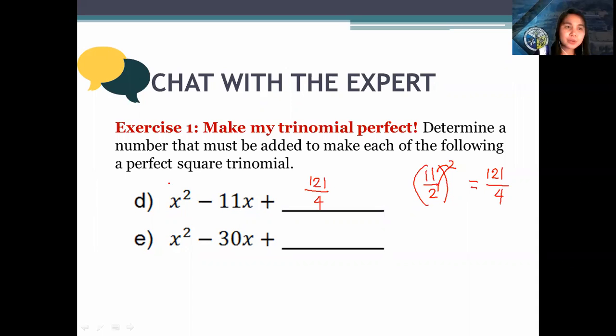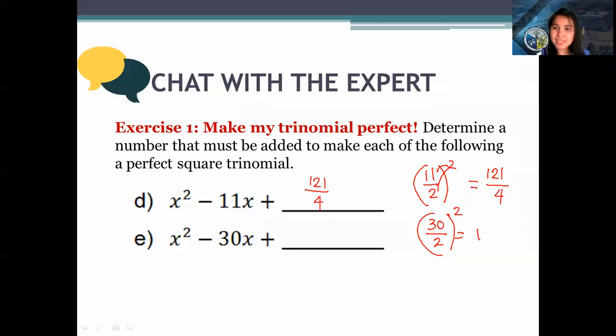Next, letter E. What must be the last term? X squared minus 30x plus. What must be the last term for it to be a perfect square trinomial? We have 30 divided by 2. Square it.